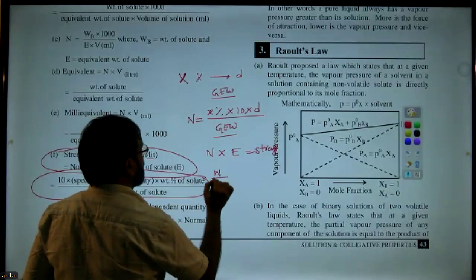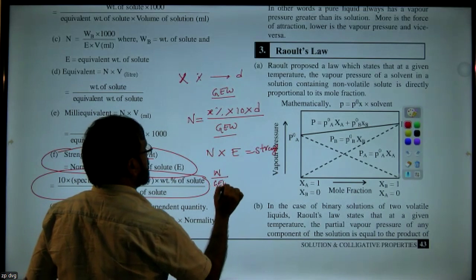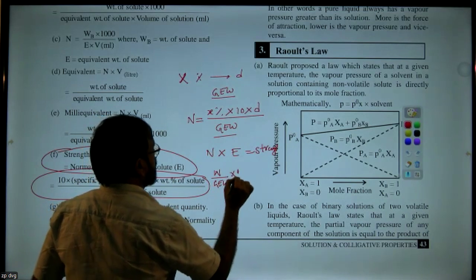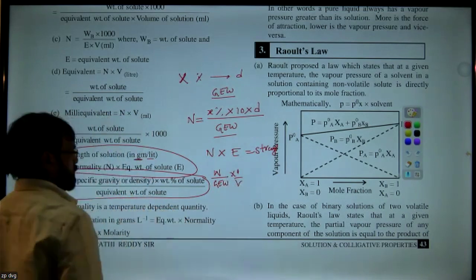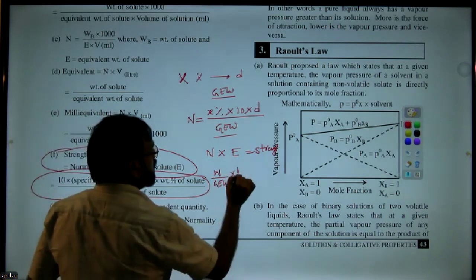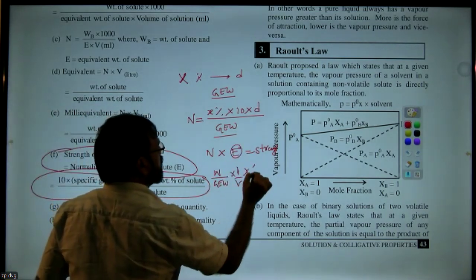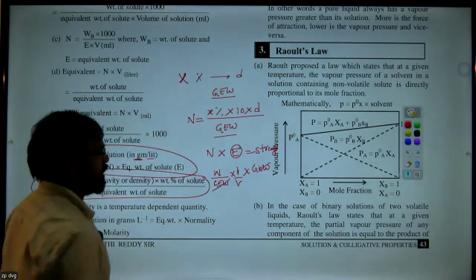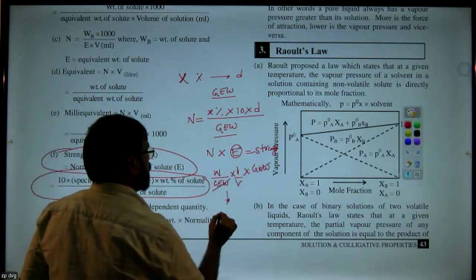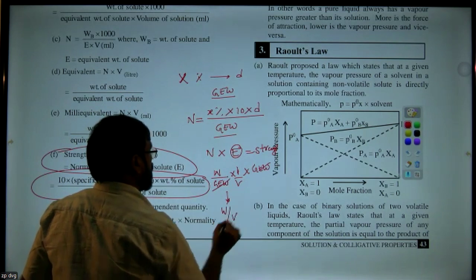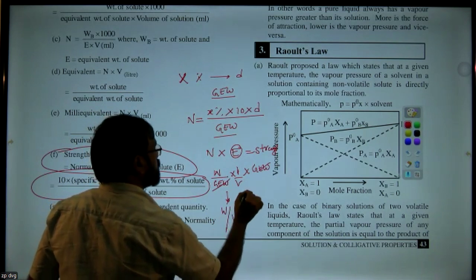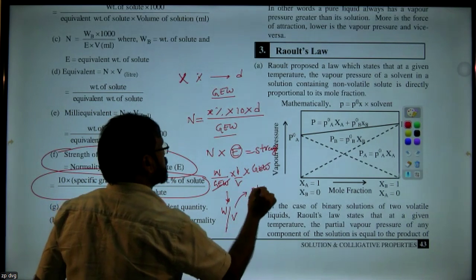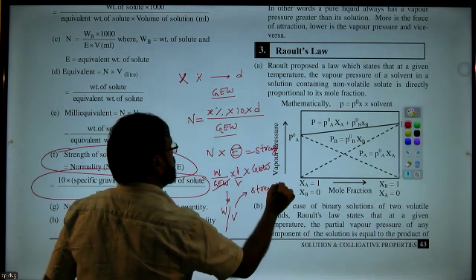Normality is nothing but weight by gram equivalent weight into 1 by volume in liters. The gram equivalent weight and gram equivalent weight get cancelled. The final answer is weight by volume, which is nothing but strength of solution.